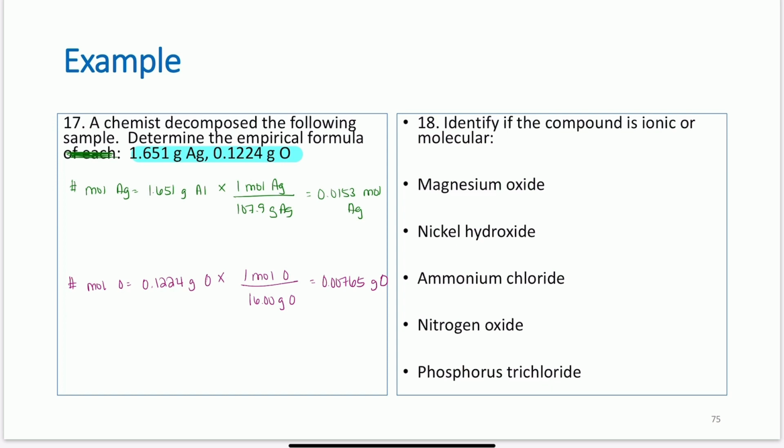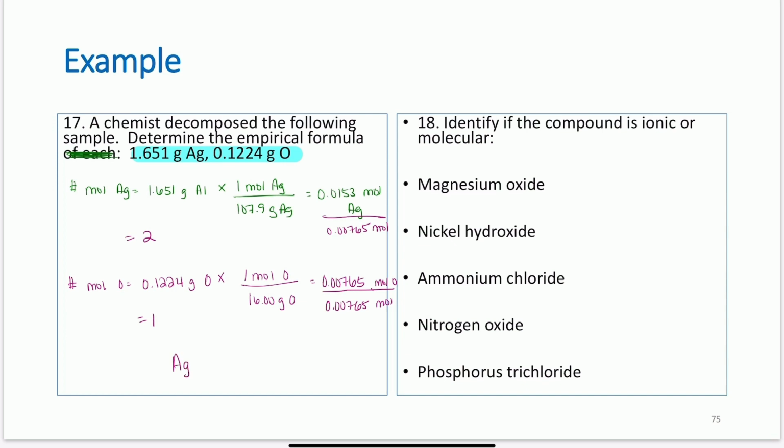Compare the two numbers and divide by the smaller of the two numbers. This is the smaller of the two numbers, so I'm going to divide them both by 0.00765. That should not say grams there, that should say moles. For silver, this gives me 2. For oxygen, 1.